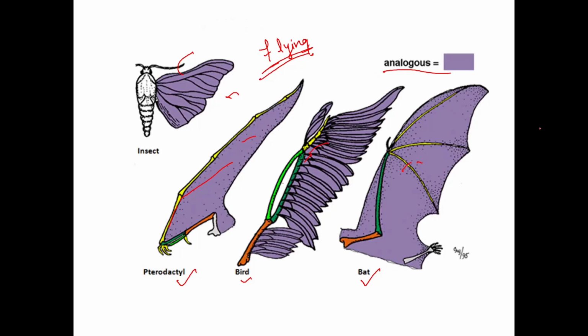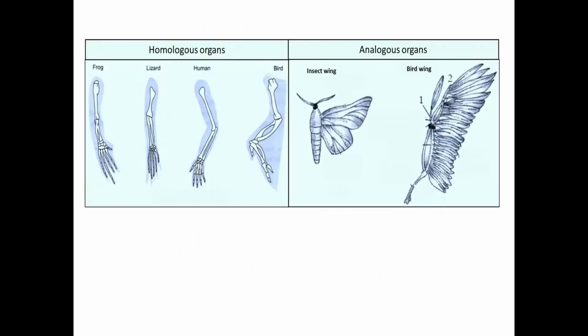So wings of a bird and wings of an insect both help in flying but are made differently. Look at the difference between homologous and analogous. Insect wing and bird wing perform a similar function but differ in structure and origin, whereas homologous organs have different functions but similar origin.